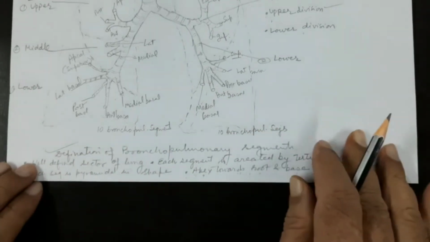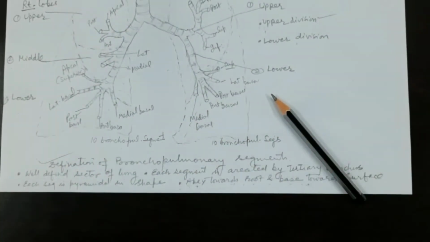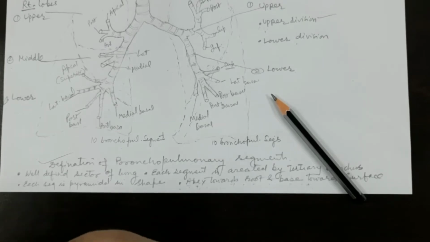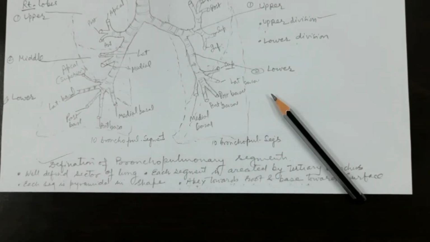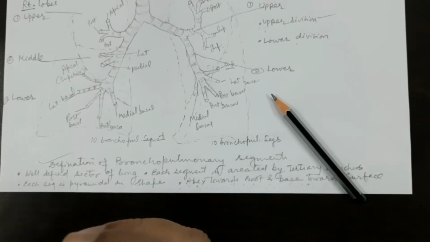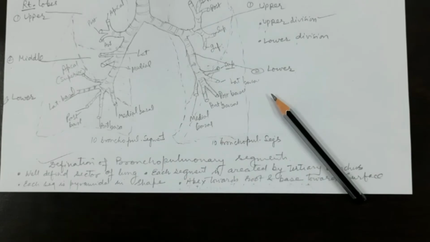The bronchopulmonary segment is a well-defined portion or sector of lung, and there are 10 sectors in the right and 10 sectors in the left lung. Each segment is aerated or supplied by a tertiary or segmental bronchus.